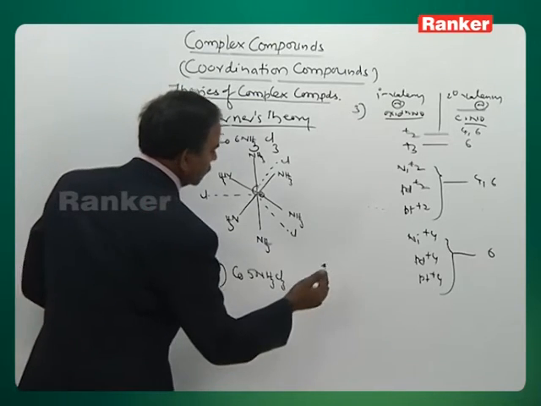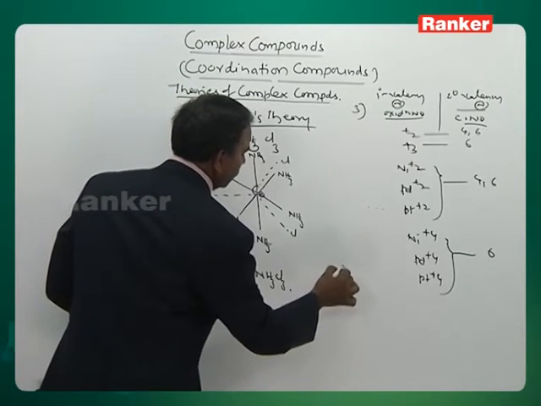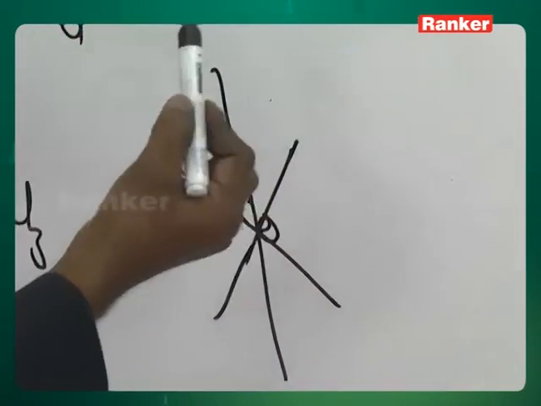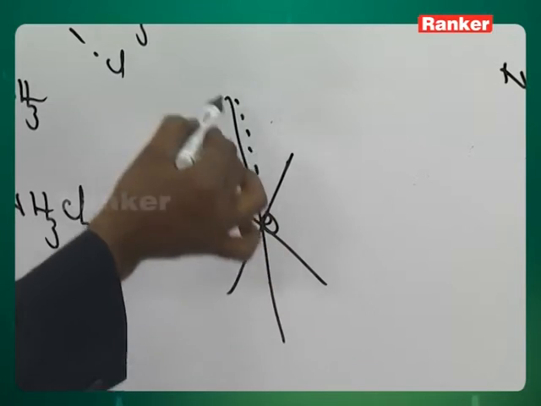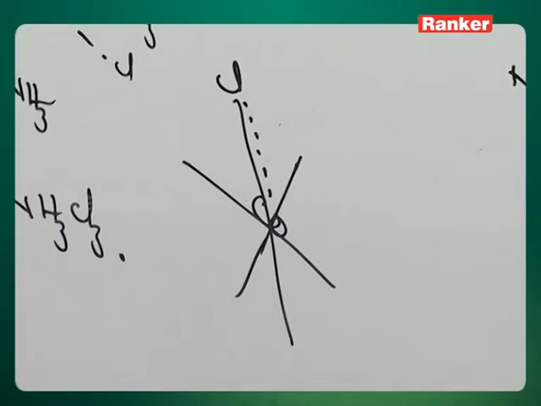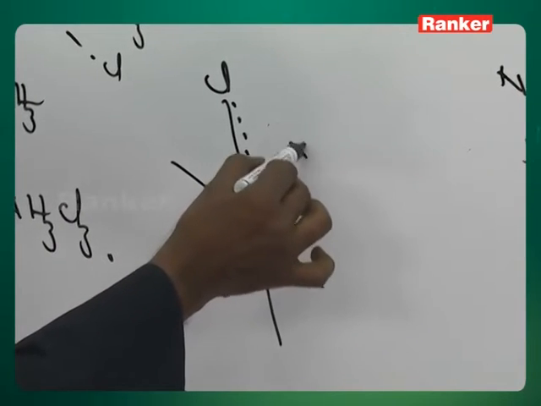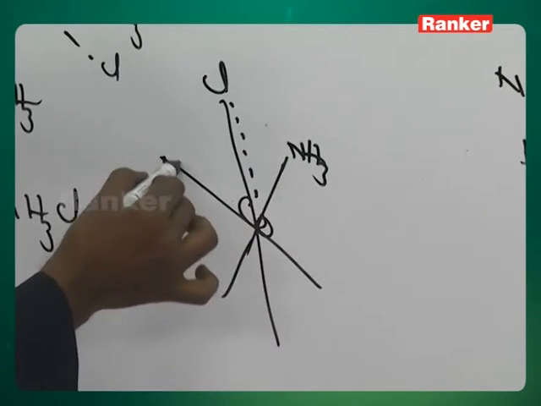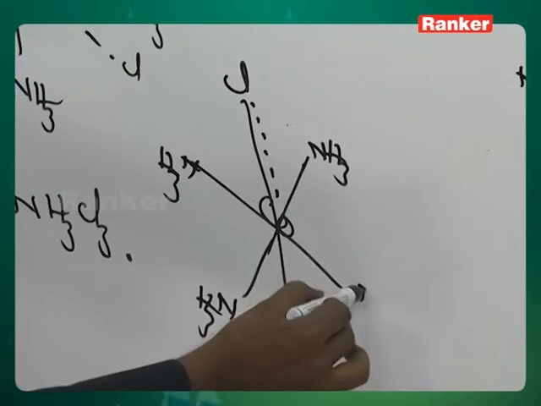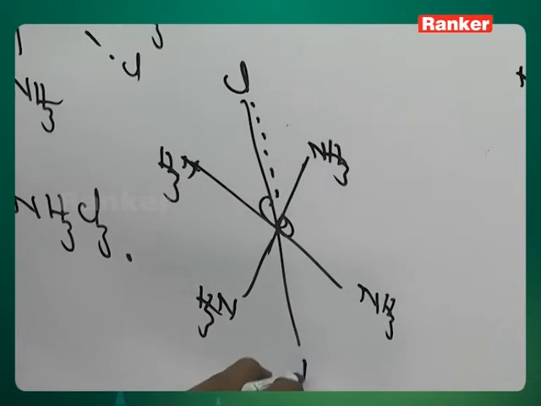On the board, see Co: this one ligand is actually satisfying both primary and secondary, and I am showing it by a solid line and dotted line. The remaining 5 amines I am writing are satisfying only secondary valencies.